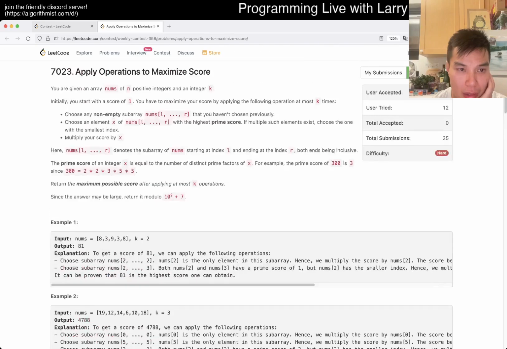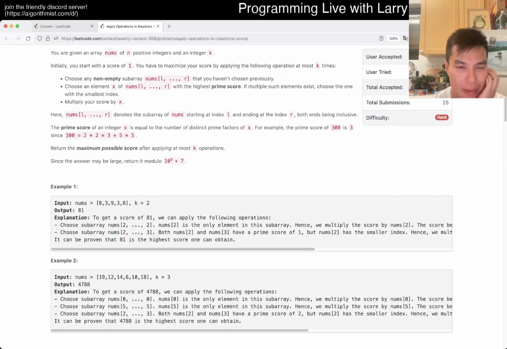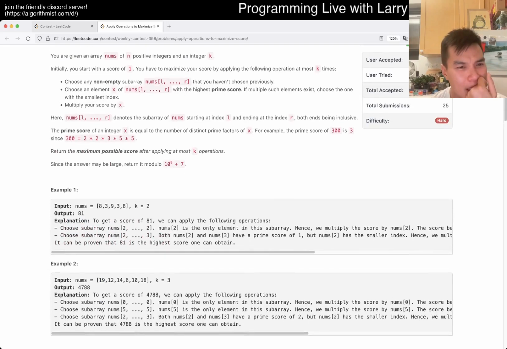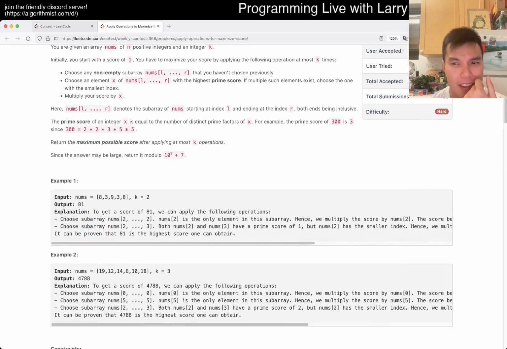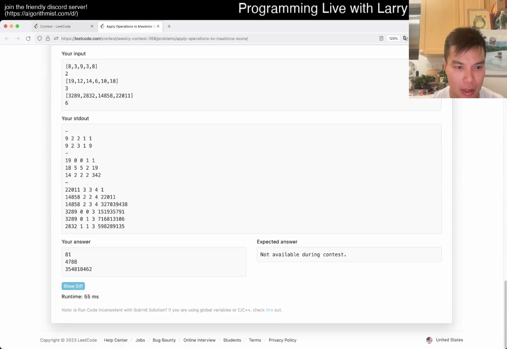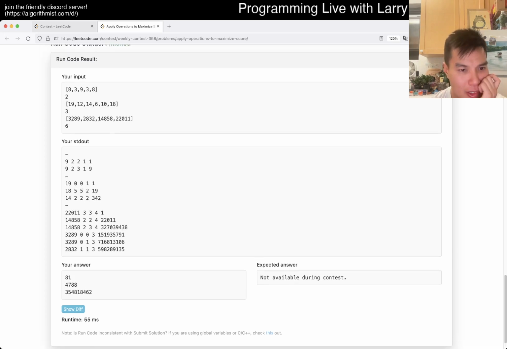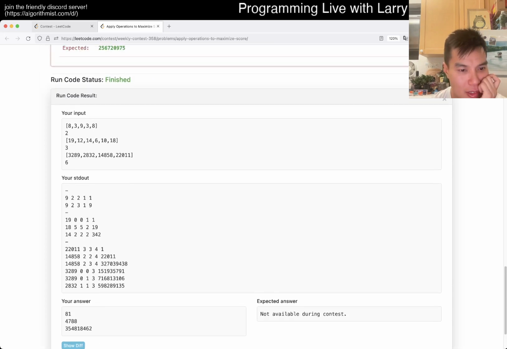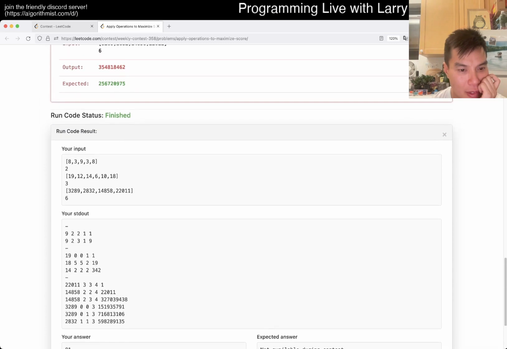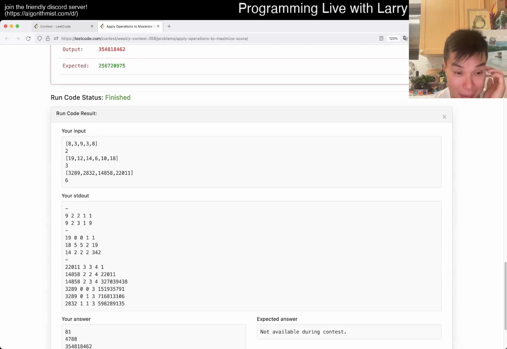K, how big of a number can it be? 10 to the 5th to the K power? Are you serious? I don't know if they're just being wrong, to be honest. Well, not that my intermediate results would have been better, but this is just so weird. This is impossible to debug, maybe.